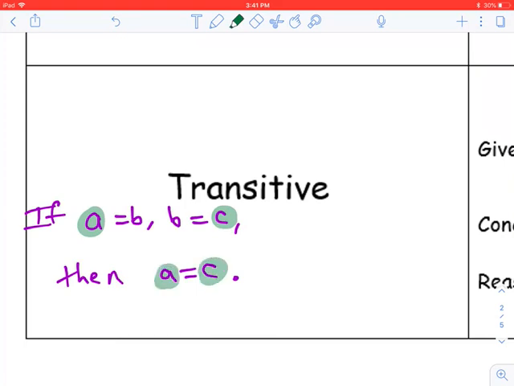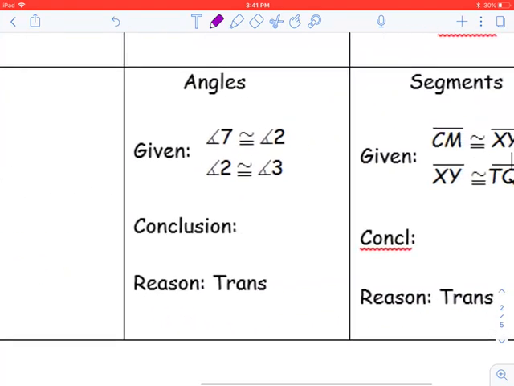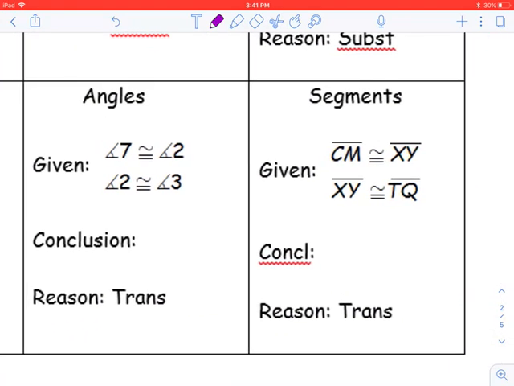Or if the first equals the third one. Okay, so in this case, if 7 is congruent to 2, and 2 is congruent to 3, aren't those also congruent? So first is congruent to the third. So 7 is congruent to 3.